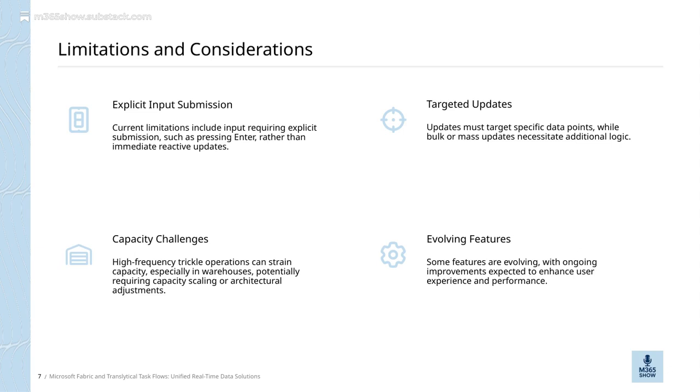Unlike some reactive systems, updates don't happen automatically in real time without that explicit action, so we need to keep that in mind when designing workflows or user interactions. Overall, these points highlight areas where we can optimize and adapt as we continue to leverage these powerful real-time data solutions.